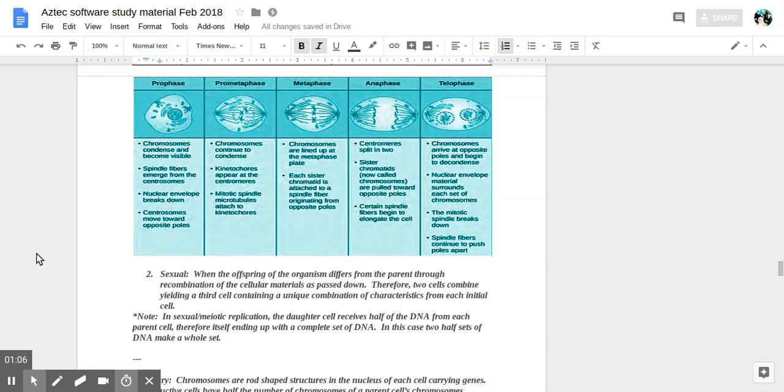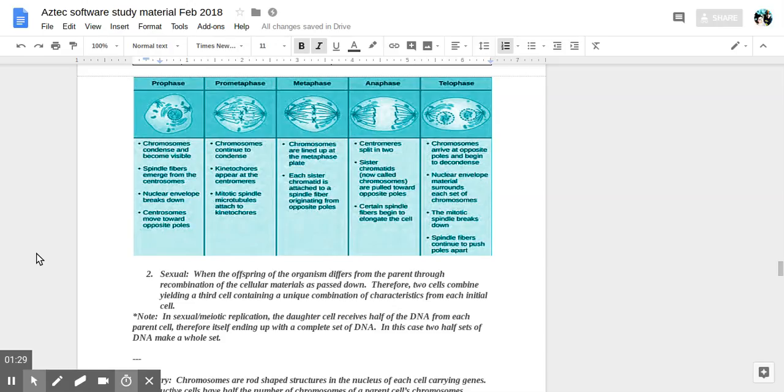Chromosomes continue to condense, and kinetochores appear at the centromeres. The kinetochores are the proteins on the chromosomes themselves.